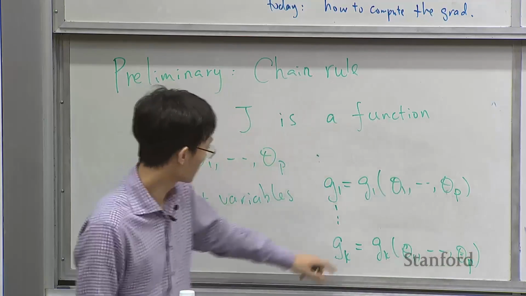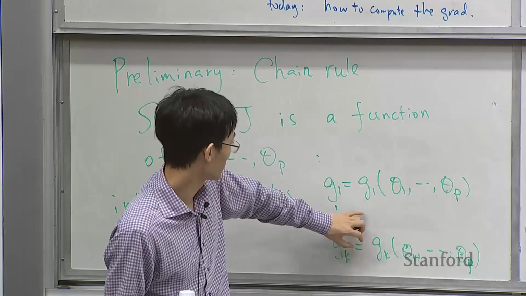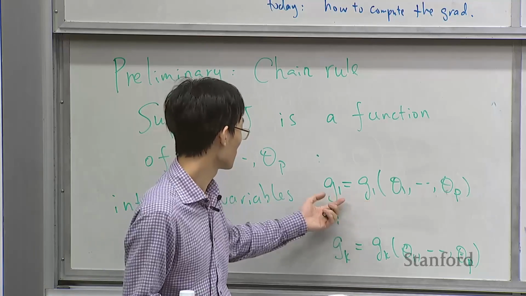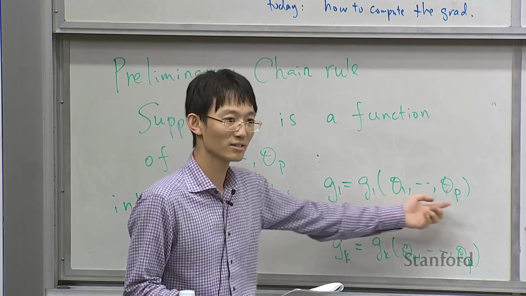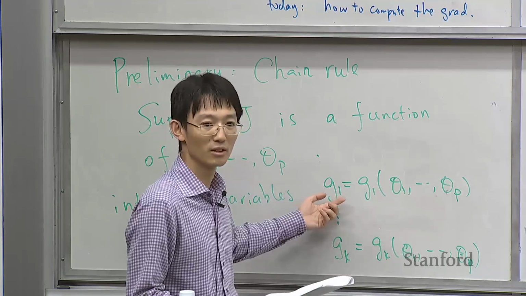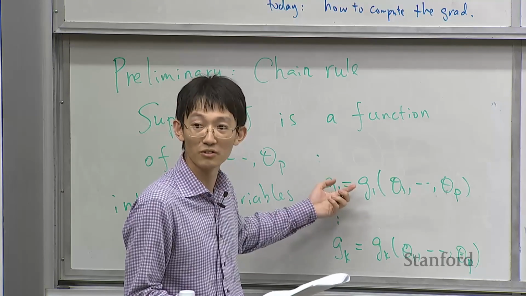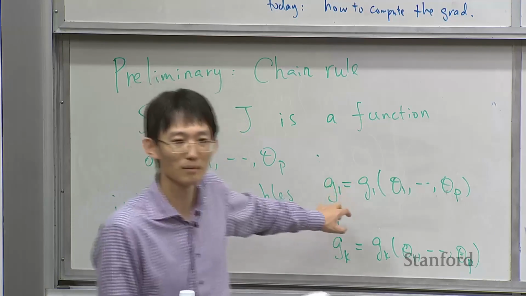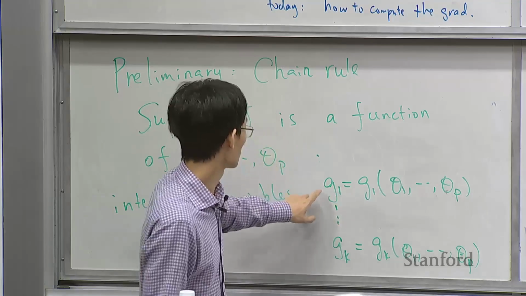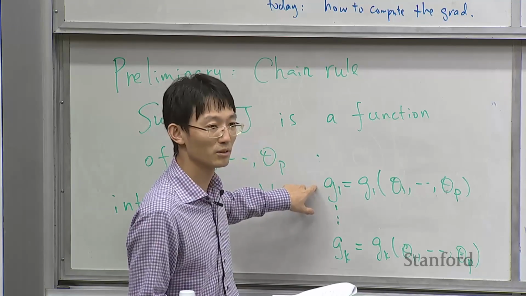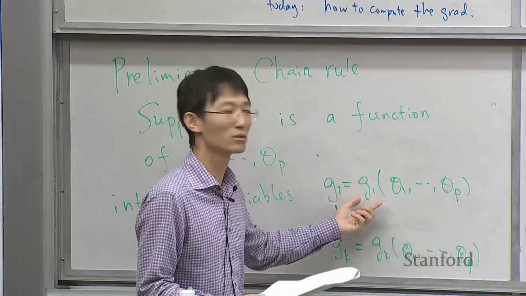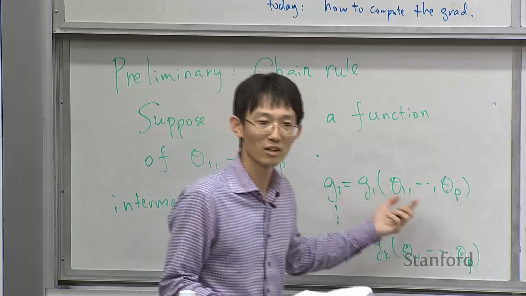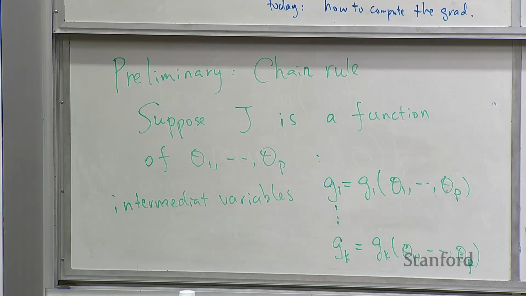I'm not sure whether this formula makes sense. I'm using Ji as both the function and the variable that is the output of the function. I think this is pretty typical in most math books. You can view J as a variable, and this J is a function of theta 1 up to theta p, and which function it is, you still use J1 to describe it.